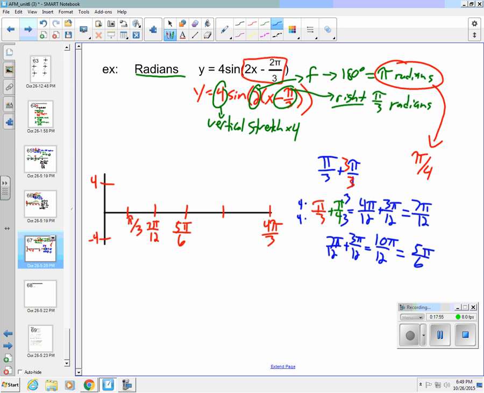And then we'll take that 5 pi over 6, or 10 pi over 12, and add one more pi over 4 to it. So that's again 3 pi over 12, so we get 13 pi over 12.